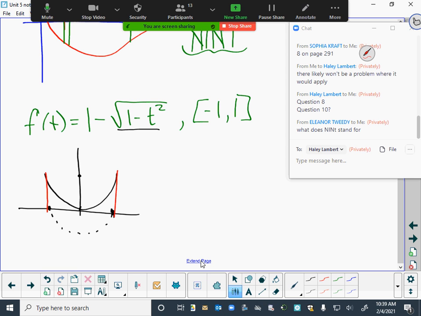Remember, the average value is 1 over b minus a times the definite integral from a to b of f of x dx. Okay, or in this case, f of t dt, the variable doesn't really matter.